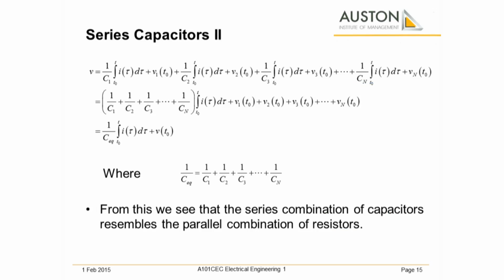Thus, if we have capacitors C1, C2, and C3 connected in series, the total capacitance CT can be calculated as 1 over CT is equal to 1 over C1 plus 1 over C2 plus 1 over C3.